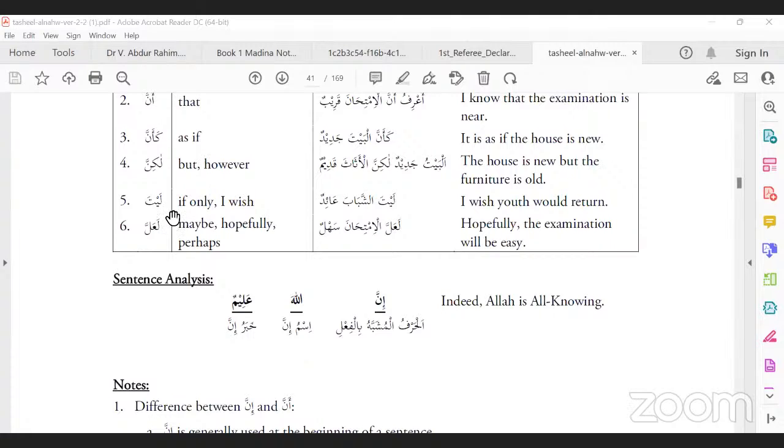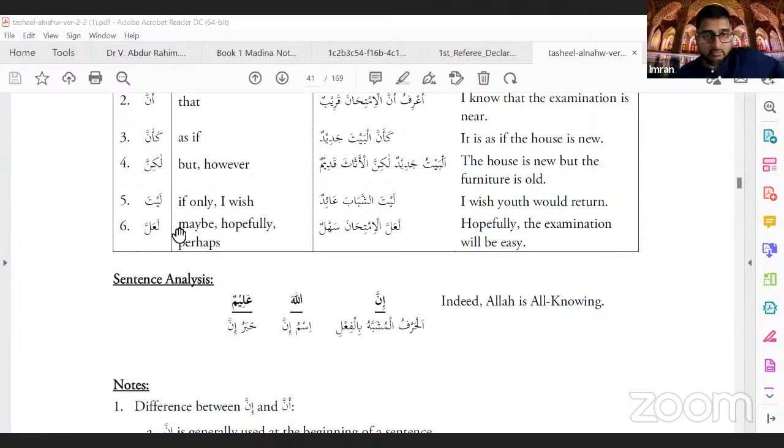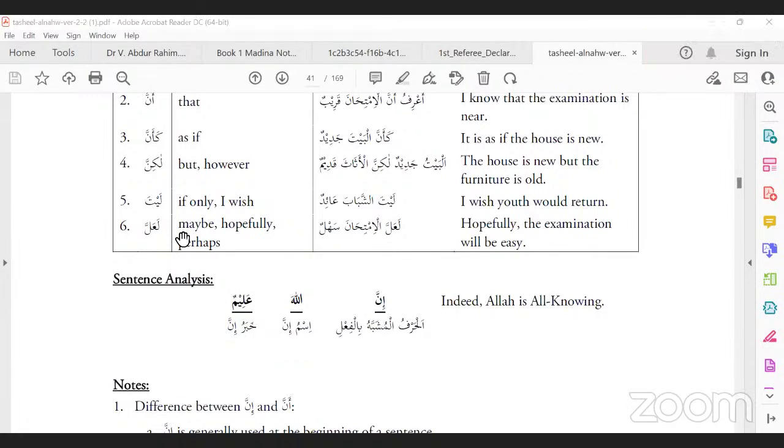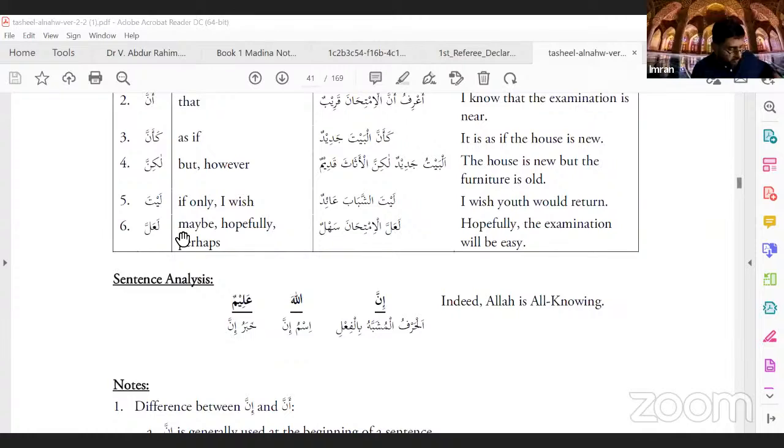Okay, Bismillah. Number 5 and 6. Number 5 is layta, if only, I wish. Layta shababan a'idun. I wish youth would return. So in this one, al-shababa is the ism of layta, and a'idun is the khabar of layta.